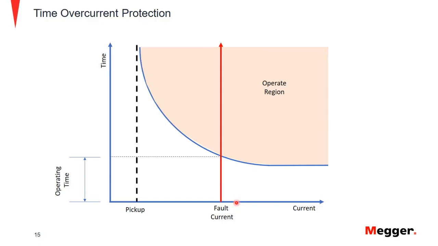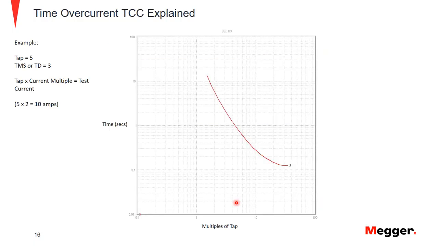Okay, so here's a good example. For this instance, we're going to use a tap of 5 amps, and also a time dial of 3, or a time multiple setting. What we're going to do is take this tap value and multiply it by the current multiple.